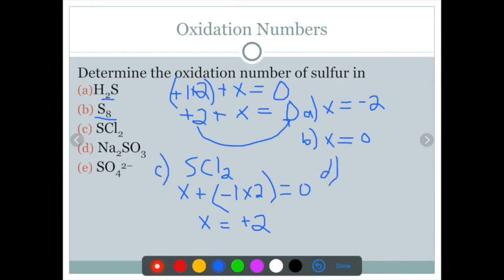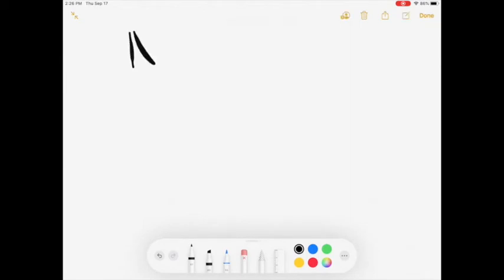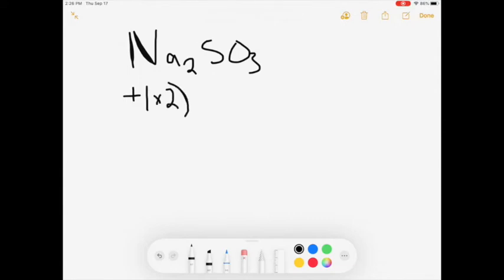Okay, on D, we have Na2SO3. Actually, I'm running out of room. I'm going to hop over here. So Na2SO3. Here we have a metal with a nonmetal, so it's an ionic compound. So I can just use the charge of my metal, sodium. Sodium has a +1 charge, and we have 2 of them, so we multiply by 2. We're looking for the oxidation number of sulfur.